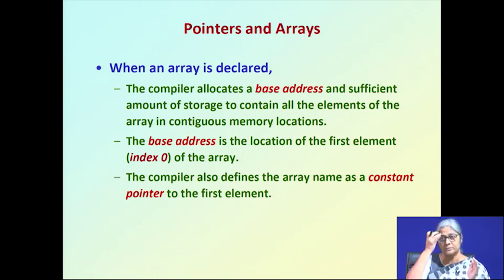If the array is of size 10, then 40 bytes together will be reserved. The base address is the address of the first element of the array, that means index 0, A[0]. So the address of the first element is the base address, or the address of the array. The compiler also defines the array name as a constant pointer to the first element.